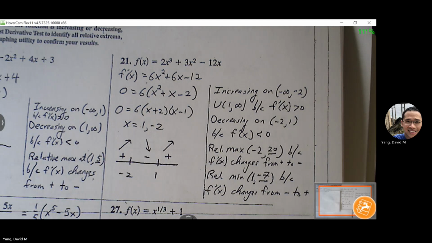I see students leave those out because they feel like these don't require a because statement and these do. So typically, I see students losing points in these places because they don't put because statements for relative max or relative min. Be aware of that. And then these y values I found just by inserting back into the original function.